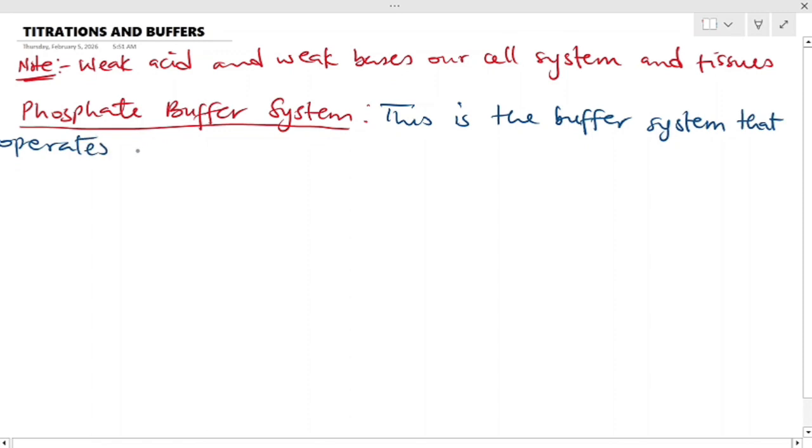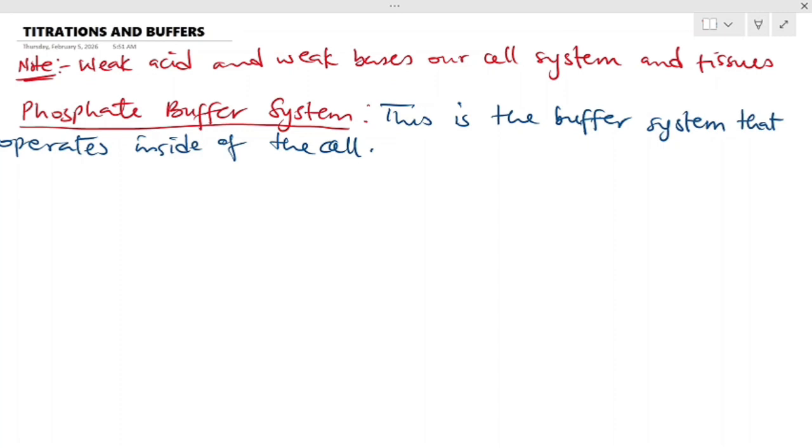Because it operates inside of the cell, the phosphate buffer is a perfect fit for that because of the following.